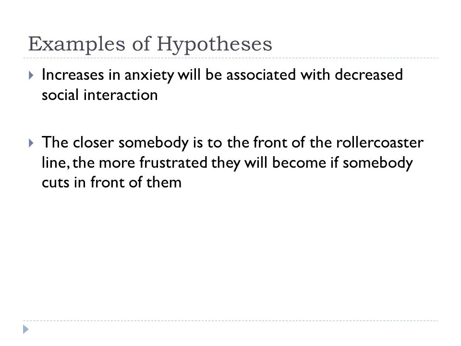Okay? So these are two things that we can measure. They're two things that we can quantify. So we've got two variables there, and we're making a prediction about the relationship between them, specifically that if the distance between somebody and the front of the line is shorter, when somebody cuts in front of that person, they are going to become more frustrated.